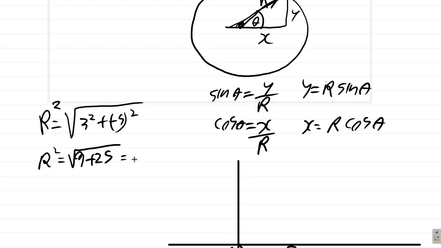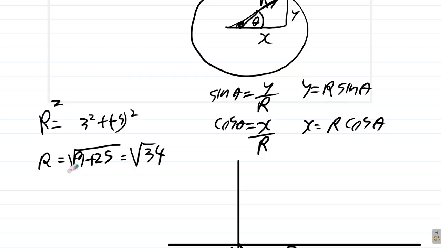Let's rewrite it without the square root. R squared is equal to 3 squared plus negative 5 squared. Once I square root both sides, I'm going to get r equal to the square root of 3 squared plus negative 5 squared.